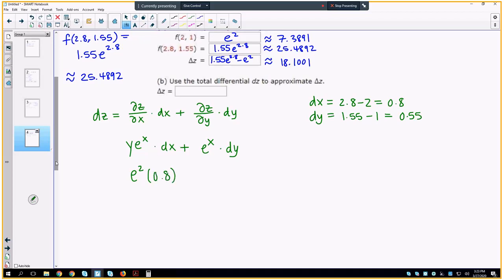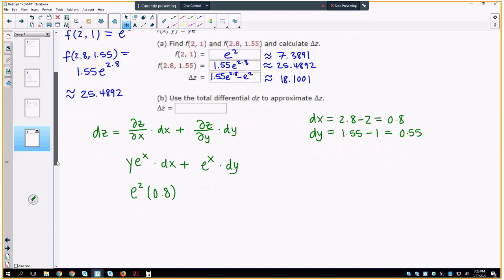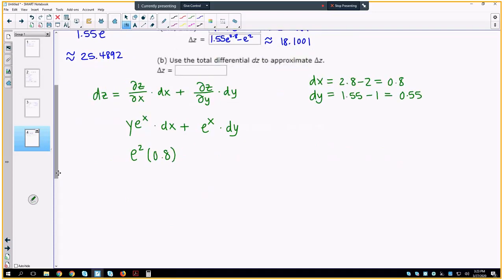So y e to the x, I'm plugging in 1 for y and 2 for x, then multiplying it by the change in x, and then plugging in 2 for x, and multiplying it by the change in y. So that should be e squared times 1.35, whatever that is.